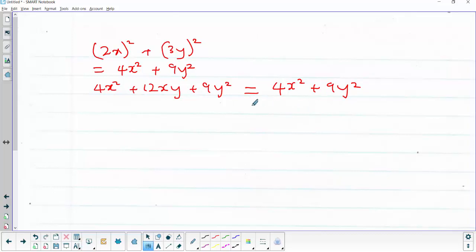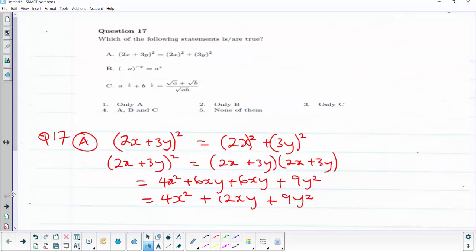We can see now they are not the same thing. This is 4x squared plus 12xy plus 9y squared. They are not the same. So automatically this is not equal to this one. Let us go back to our question. This side is not equal to this side, so automatically this is an incorrect statement.